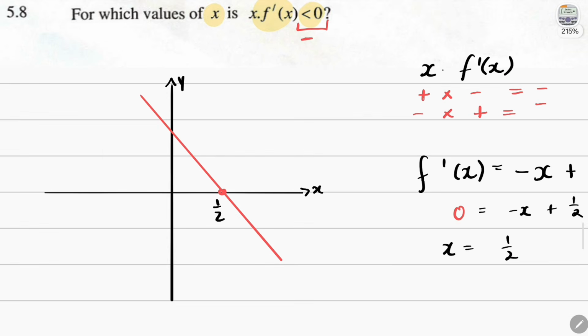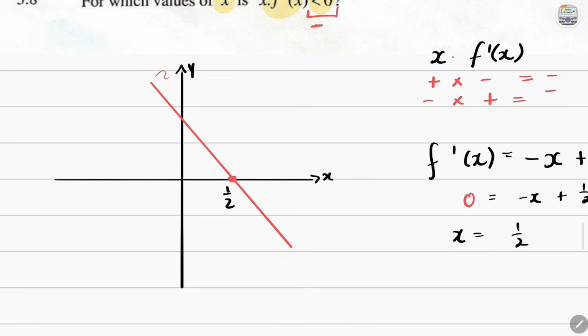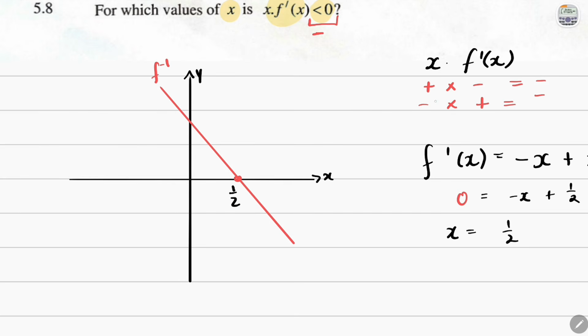First, we're looking for where the x values are positive, and at the same time, the y values of f prime of x are negative. So where do we first have positive x values? Positive x values on the x-axis are all through here. Now for these same positive x values, the graph of f prime of x must have negative y values.